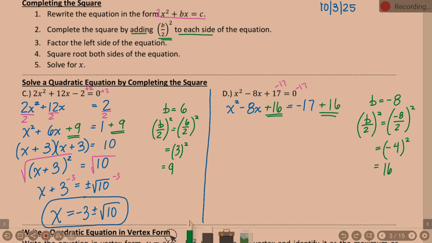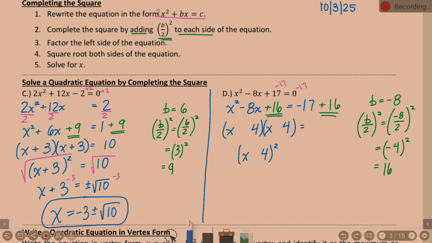Step 3. Whichever way you're going to write this out, you're going into 2 parentheses. They're going to be identical. Square root of x squared becomes x, so x times x. Square root of 16 is 4.